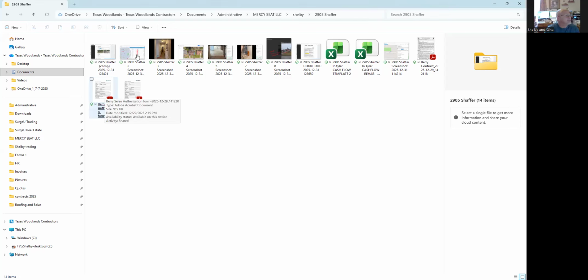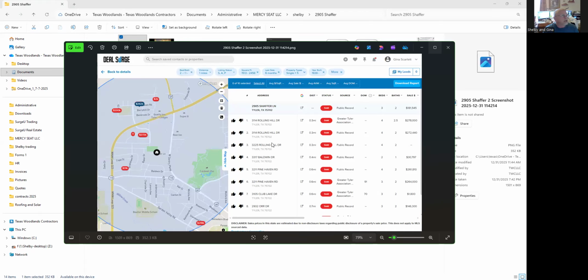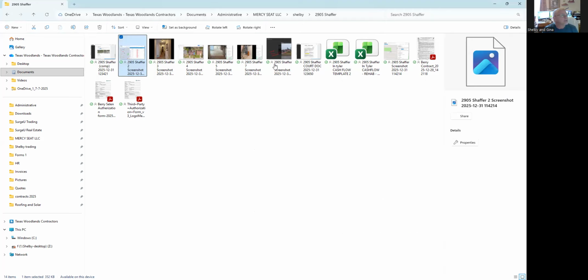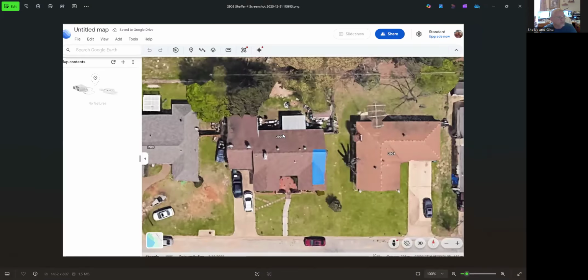I went and knocked on the door of Schaefer. The gentleman sent pictures of Schaefer Lane, and I went and knocked on the door and left my card.